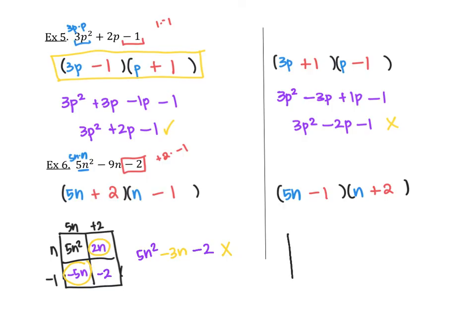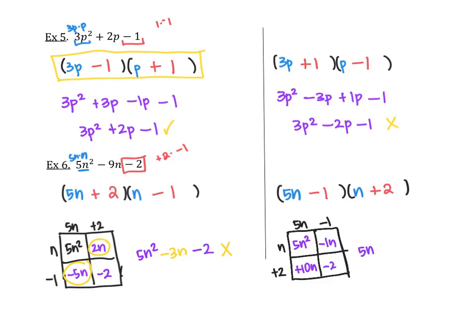Okay, I'm going to box this time for the boxers in the class. Okay, so I did 5n minus 1, n plus 2. 5n times n, 5n to the second, n times negative 1, negative 1n, plus 10n minus 2.